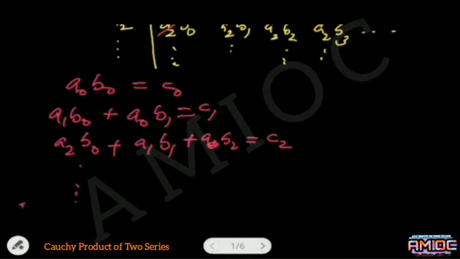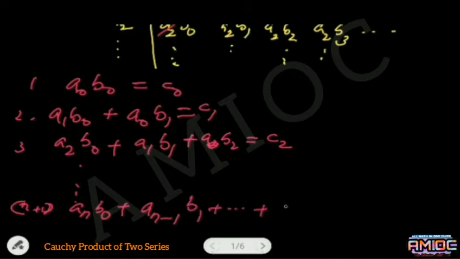Here the first diagonal, the second diagonal, the third diagonal meeting points, and the n plus 1th diagonal meets the points an b0, an minus 1 b1, etc., a0 bn, and I am just marking it as cn.